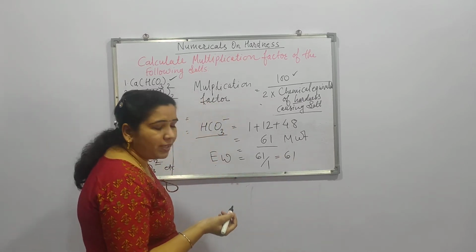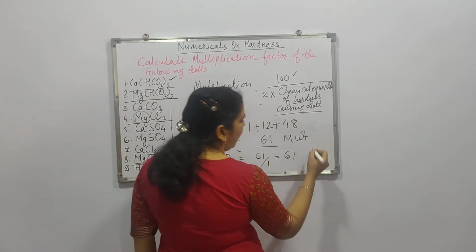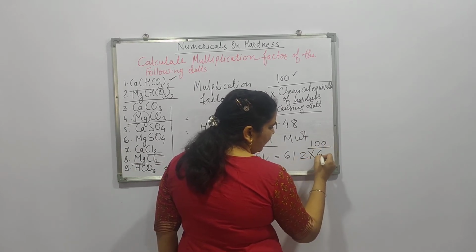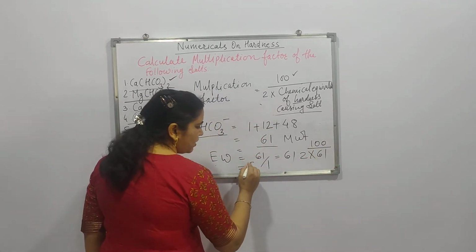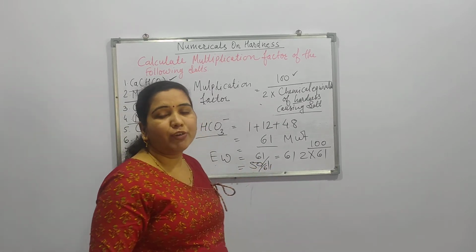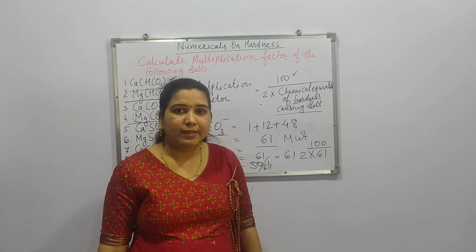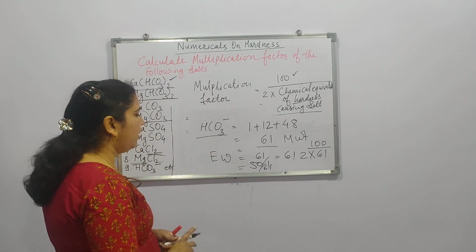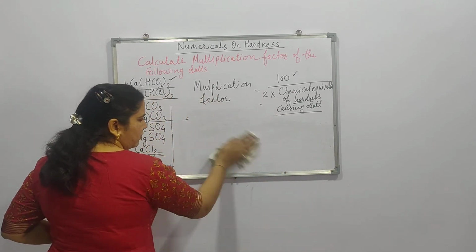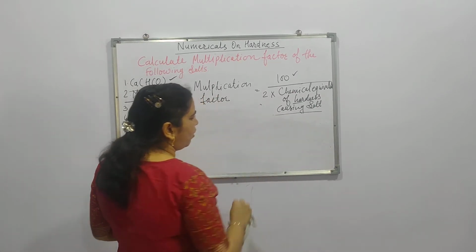So its multiplication factor is 100 upon 2 into 61, that is 50 upon 61, the multiplication factor of HCO3 negative. In this way we can calculate the multiplication factor of any salt.